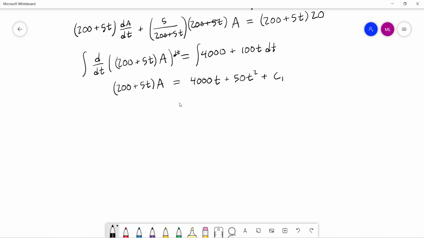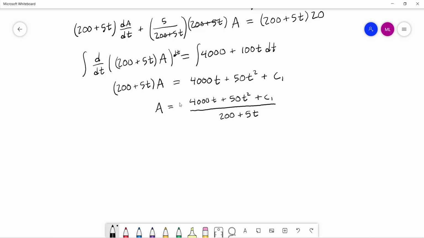And after it's all said and done, A will be equal to the right-hand side, 4,000t plus 50t squared plus whatever that constant is, divided by 200 plus 5t. So a big, ugly rational function.